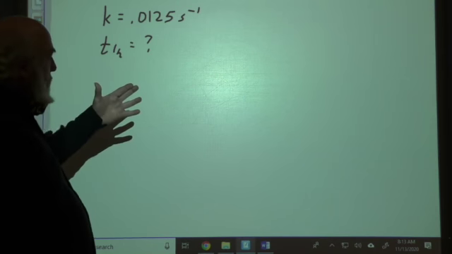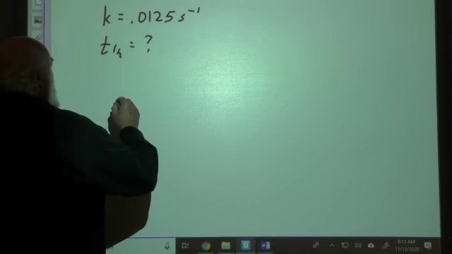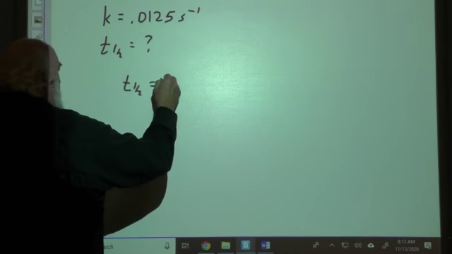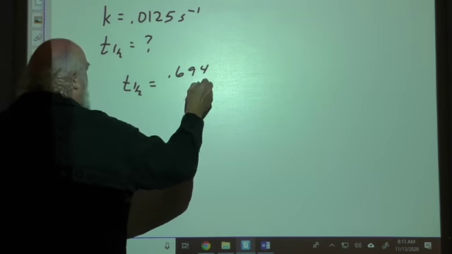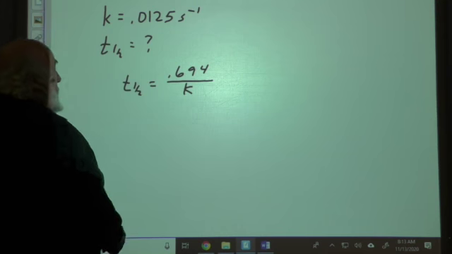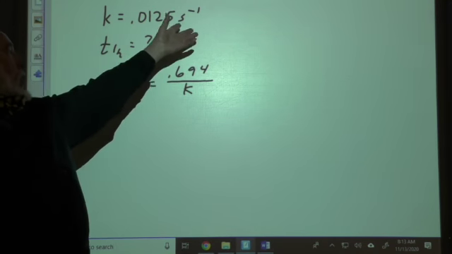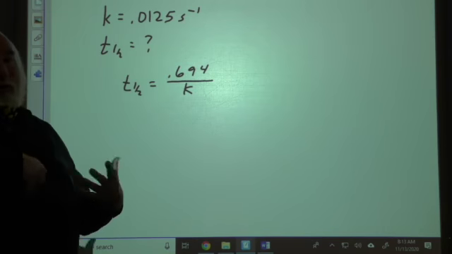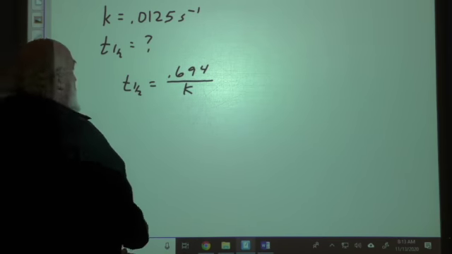Okay? So the equation here is going to be T1/2 is equal to 0.694 over K. Now, this label is important, and it's going to be important for putting this value in here with the label so you see what the answer is going to be.